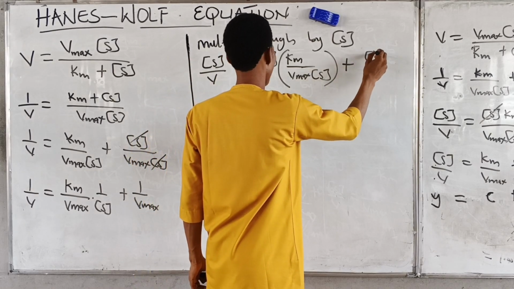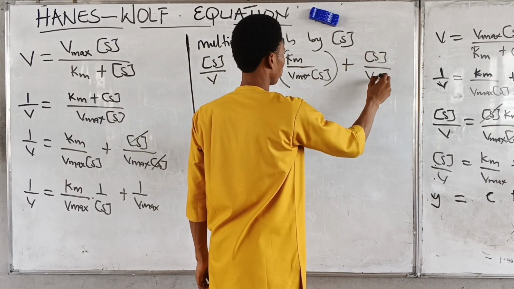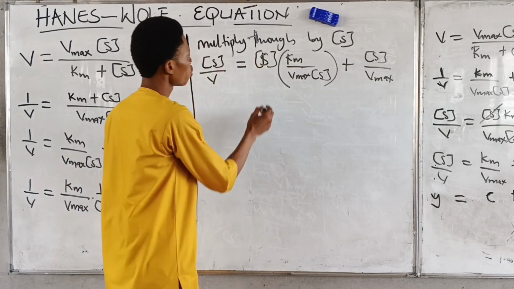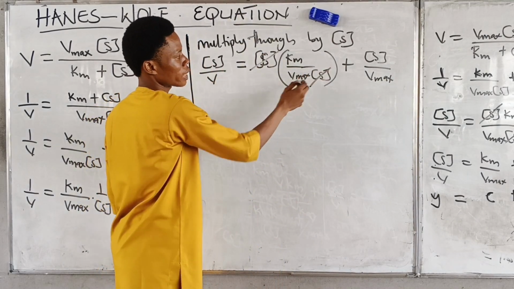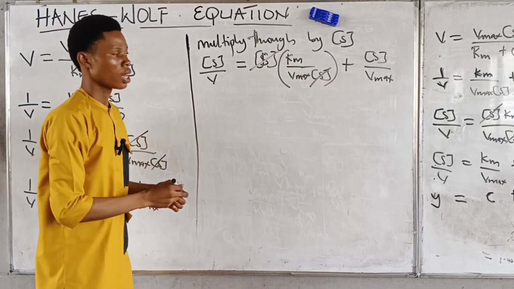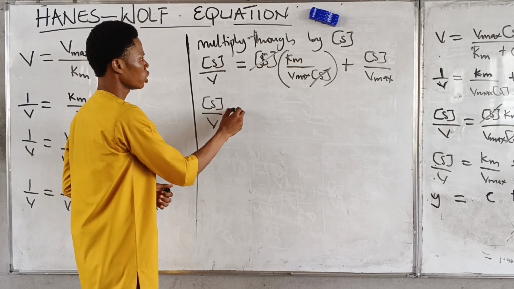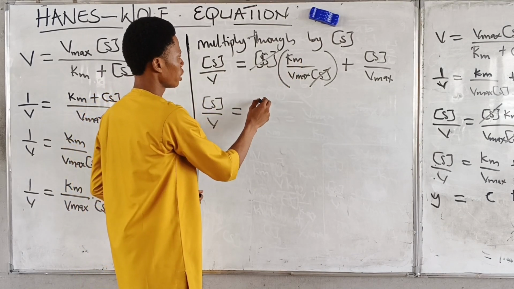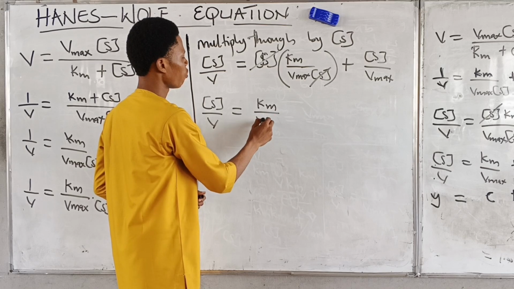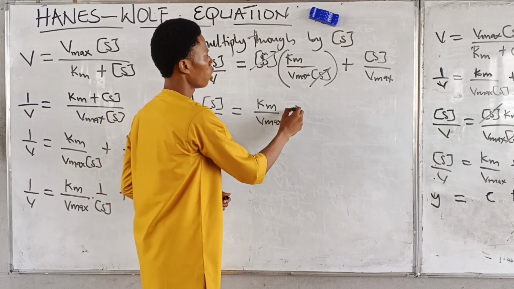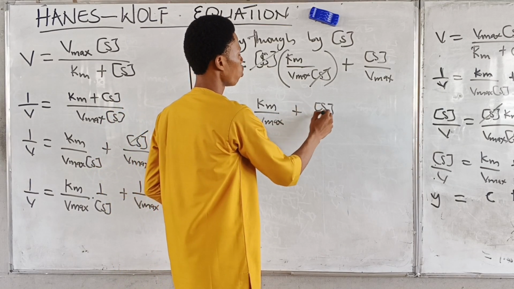Plus S over V max. So yeah, this one can cancel this one, right? And we are left with S over V equal to Km over V max plus S over V max.